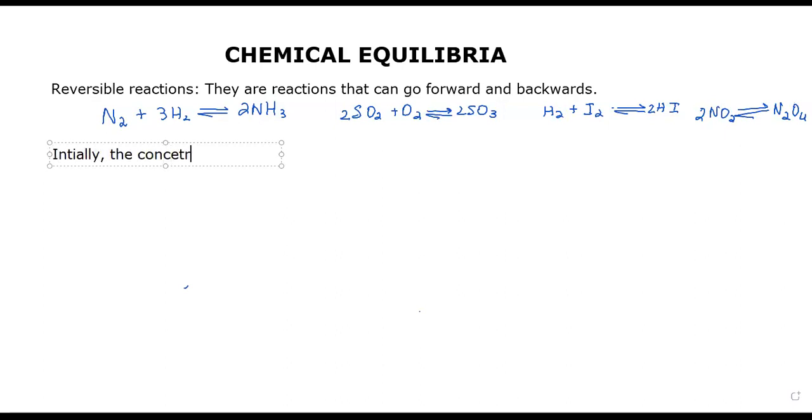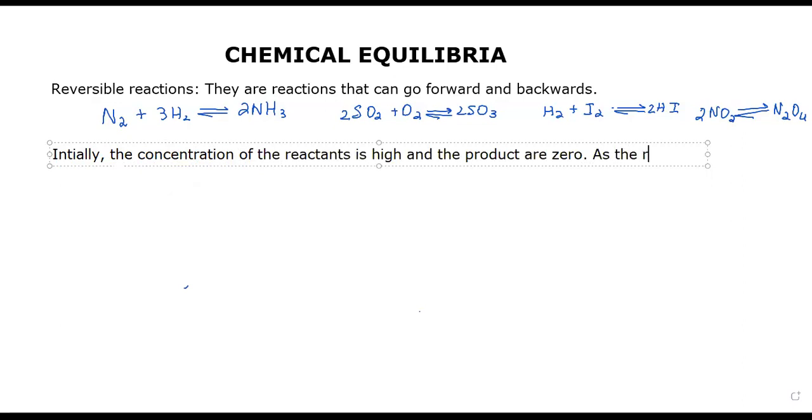Initially, the concentration of the reactants is high and the products are zero, right? At the start of the reaction, of course, you will only have reactants and no product.